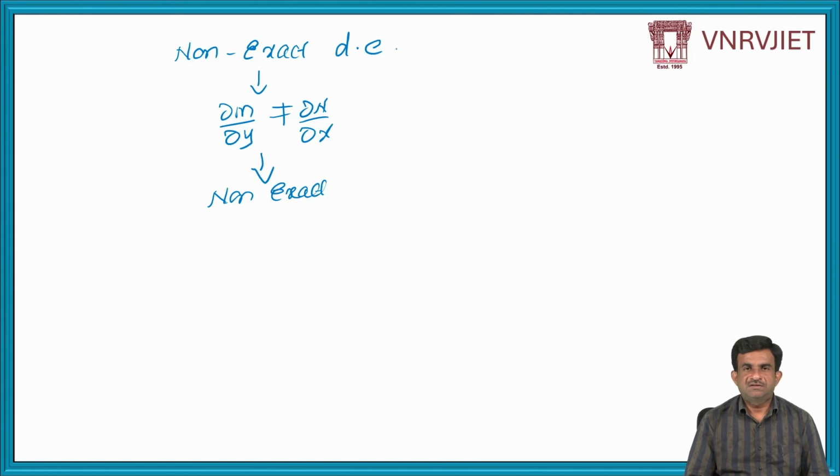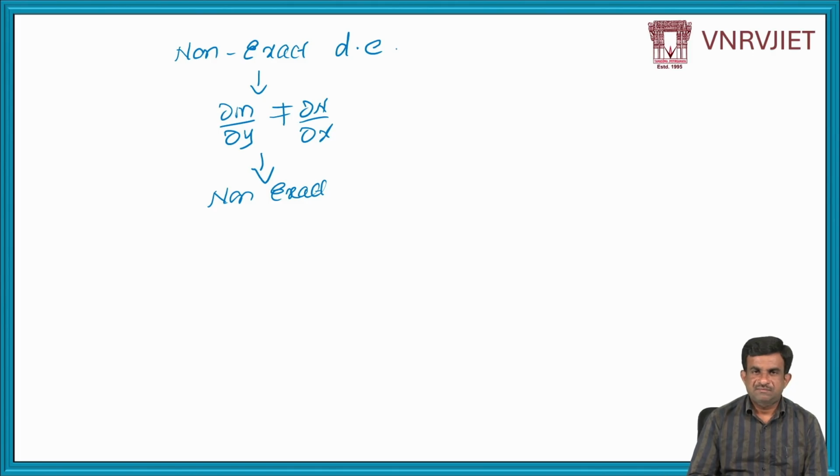If the given differential equation is non-exact, before finding the solution, we need to calculate the integrating factors. In the second lecture, I discussed how to find the solution of non-exact differential equations by using method 1 and method 2.